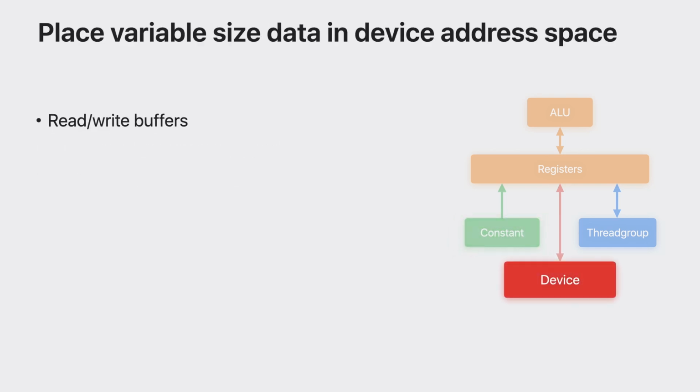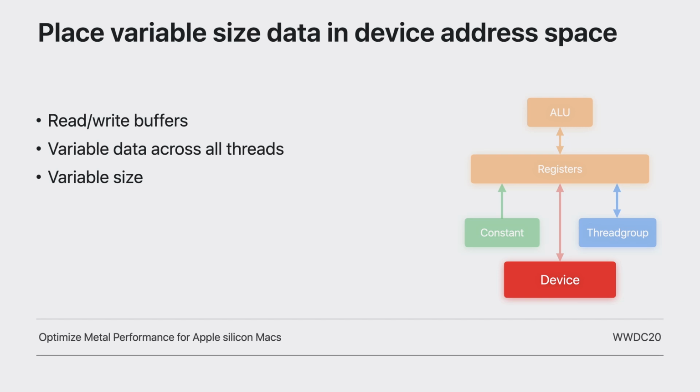You can create read-write buffers in device address space. If the data being accessed is varying across the threads, or if the size of the buffer is not fixed, then you can create such buffers in device address space. Check out Optimized Metal Performance for Apple Silicon Macs for more details on constant and device address space recommendations with examples.